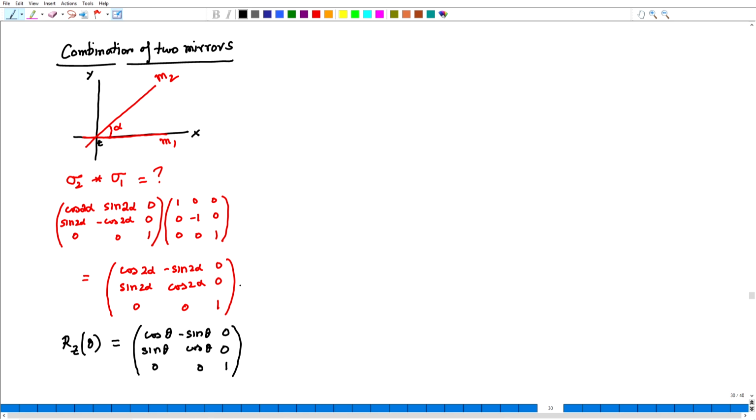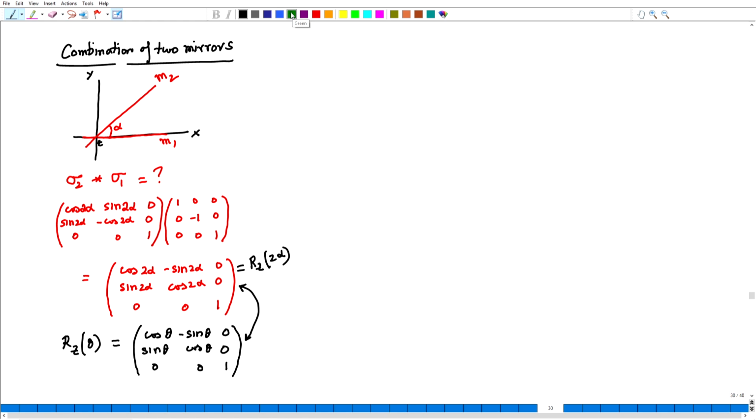If we compare these two matrices, instead of theta we have 2 alpha, which means we have a rotation around the z axis through an angle 2 alpha.